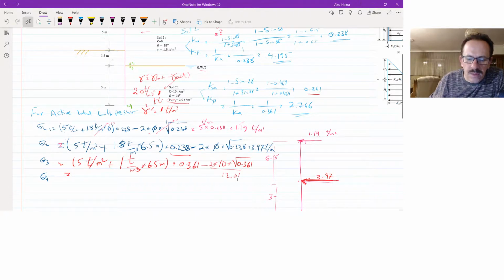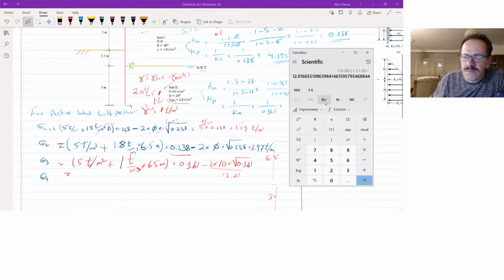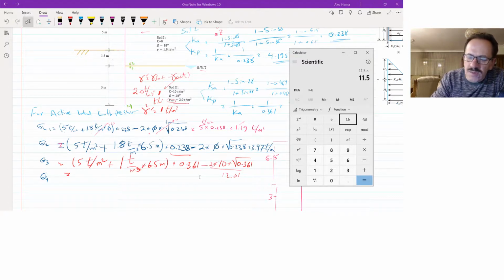Now go back to calculate the rest. 5 plus 1 times 6.5 is 6.5, so 10 plus 6.5, it's 11.5, times 0.361, it's going to be 4, and now minus 12.01 will give you a negative, which means 7.85 or 7.86.